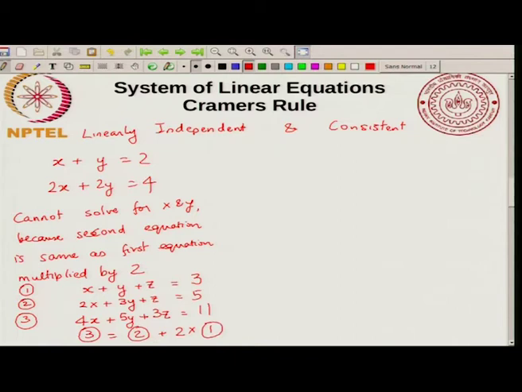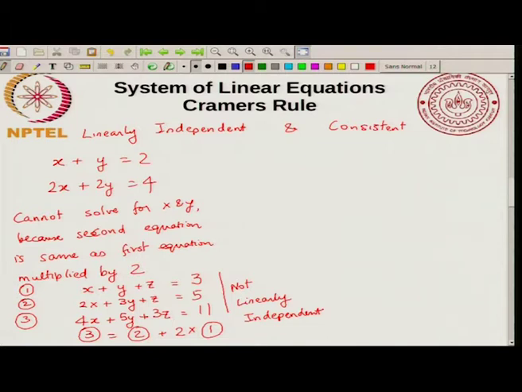So, 4x is 2x plus 2 times x, 5y is 3y plus 2 times y, 3z is z plus 2 times z, 11 is 5 plus 2 times 3. Okay. So, the third equation is nothing but the second equation plus 2 times the first equation. So, this implies that these equations are not linearly independent. So, you cannot solve using Cramer's rule for this system.